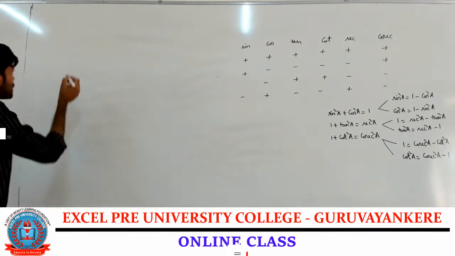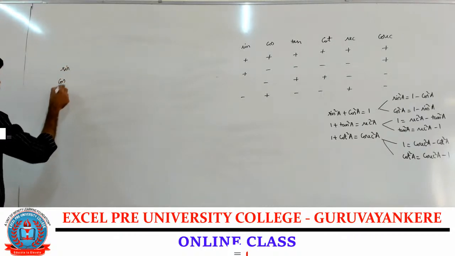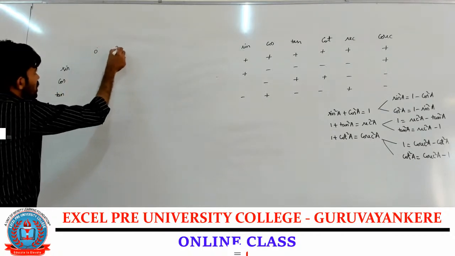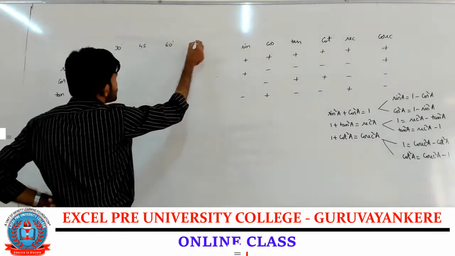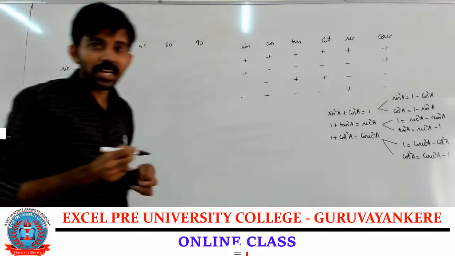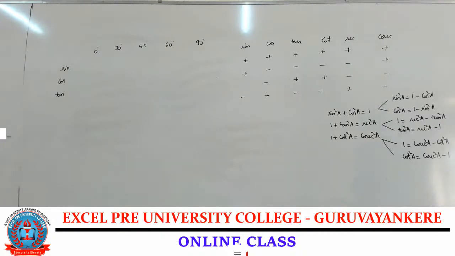And also we have the standard angles for sine, cos, tan. Standard angles are 0 degree, 30 degree, 45 degree, 60 degree and 90 degree. To find the trigonometric ratios of the standard angles, we can use the fingers.